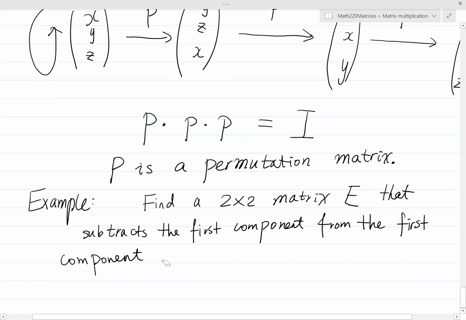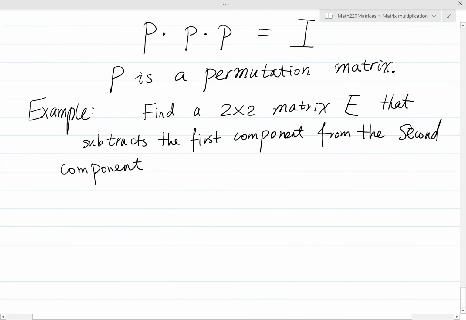So it means, suppose we apply E on a two-dimensional vector, then the output is x, the first component kept fixed, and then we subtract the first from the second.